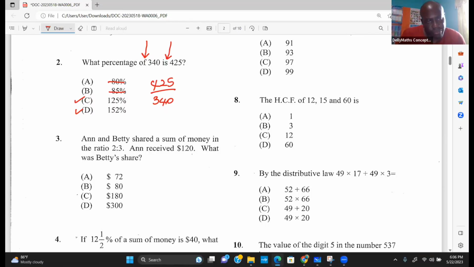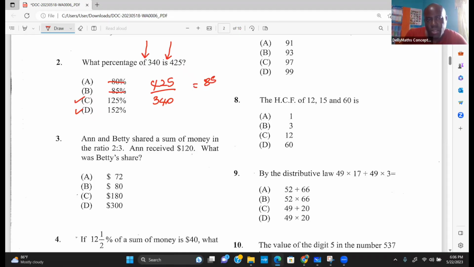So here's the thing now. If I take 340 from the 425, let's subtract that: 425 minus 340. You'll get 85.